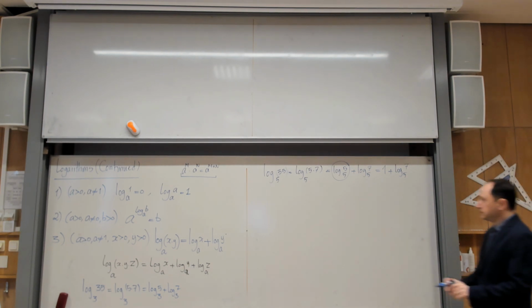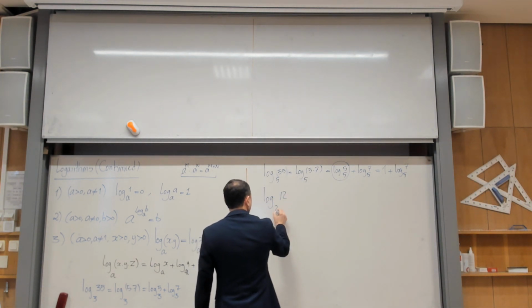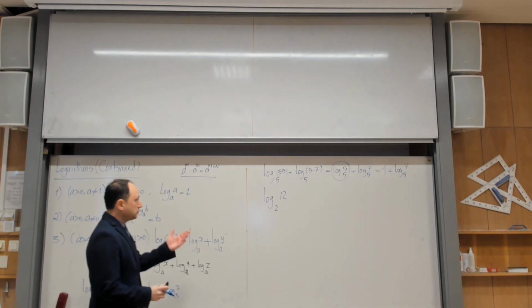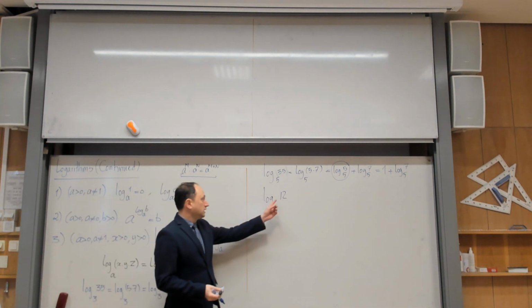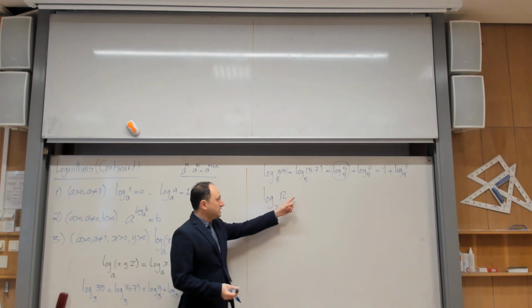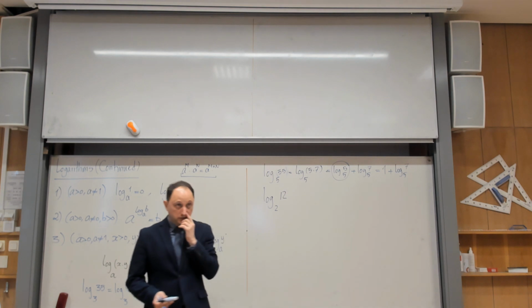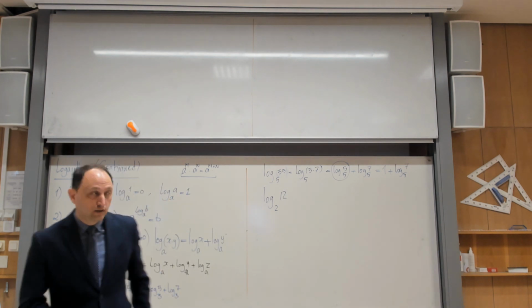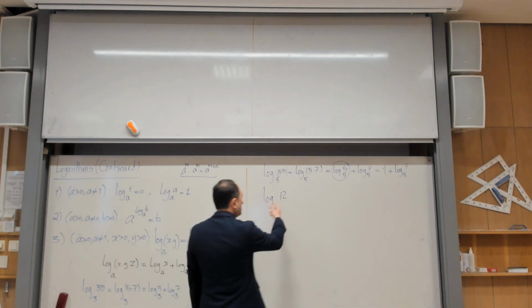Or for example, if I say log of 12 in base 2. If you ask me about the number, I cannot answer you. I have to use the calculator. This is asking what is the number so that when 2 is raised to that power, it becomes 12. I cannot calculate it off the top of my head, but I can simplify it a little bit.